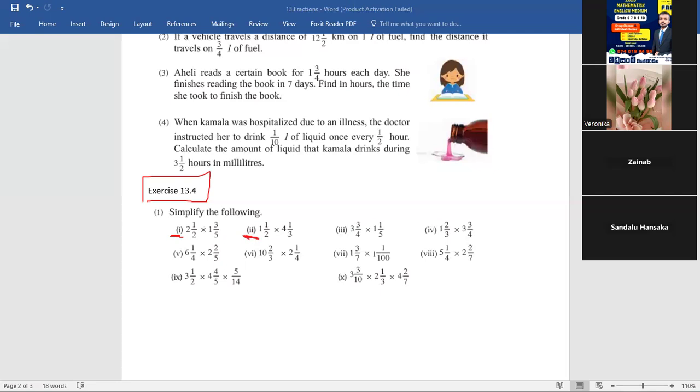So this can be simplified now. Simplify all the numerators and denominators for the simplest form. Then you can get the answer. Almost correct. The answers are correct, but it can be simplified.